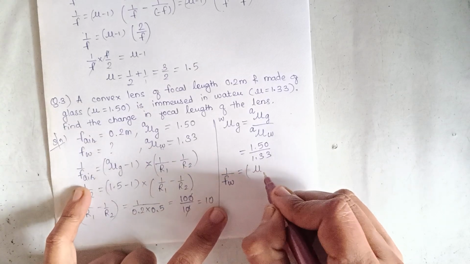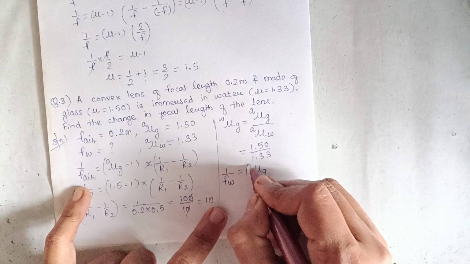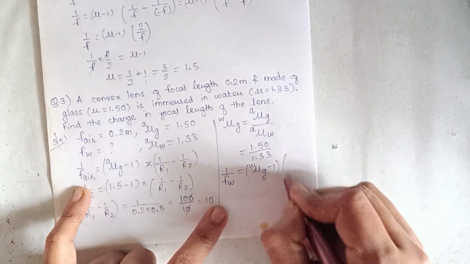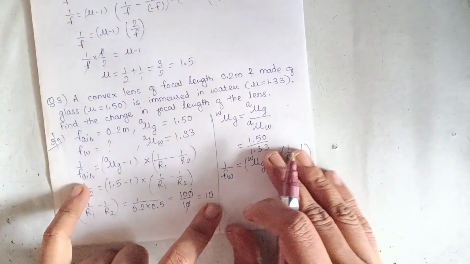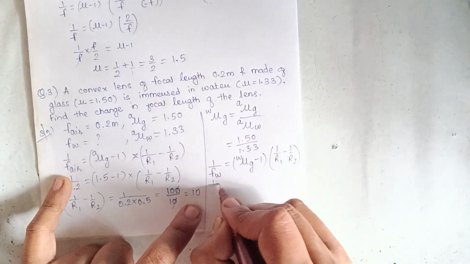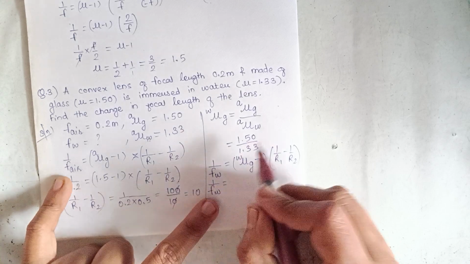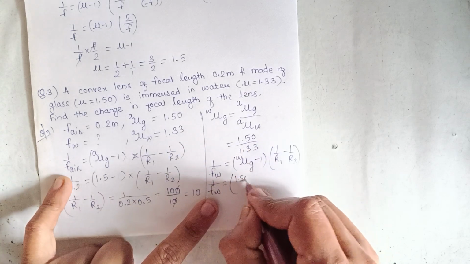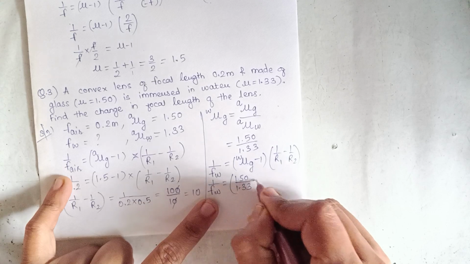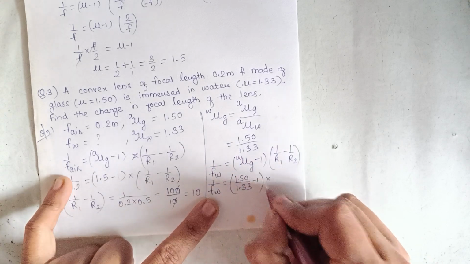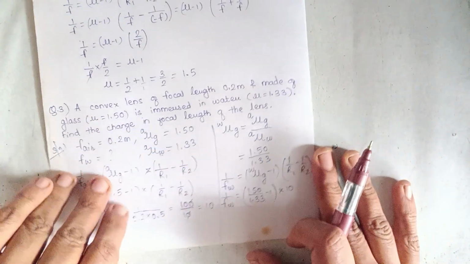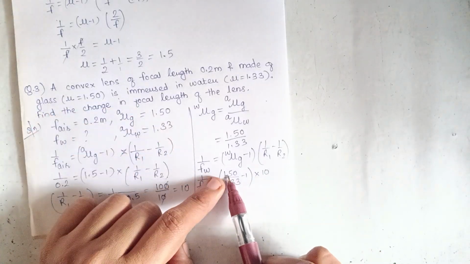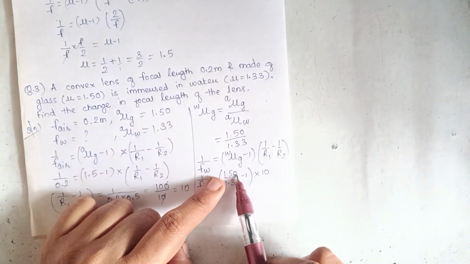So this is glass with respect to water, R2. This is 1.50 upon 1.33 minus 1, and this we have got 10. This you have to cross multiply. The point we can eliminate because both have 2 decimal places.